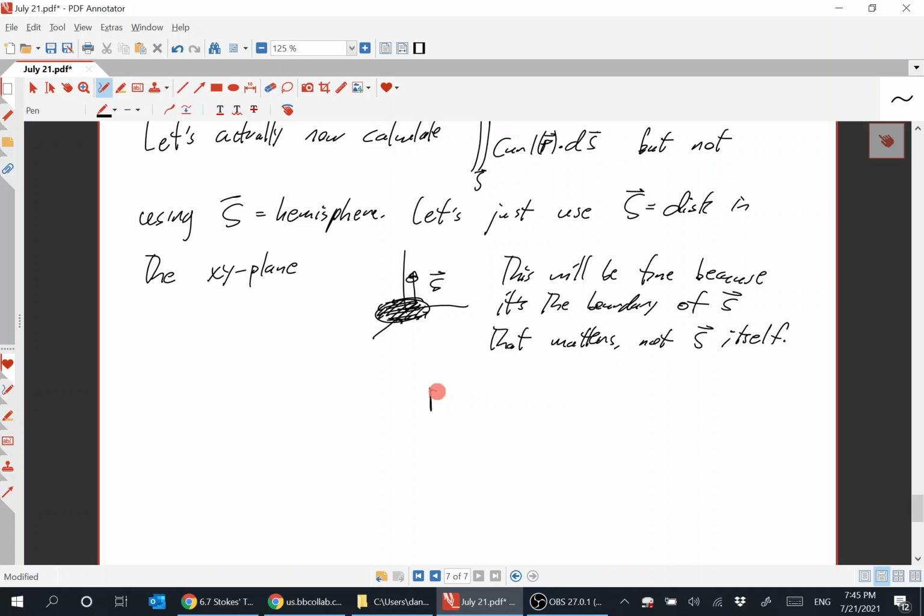Okay, so the parameterization of the disk: x is x, y is y, z is 0, for the domain R, which is the disk of radius 3.